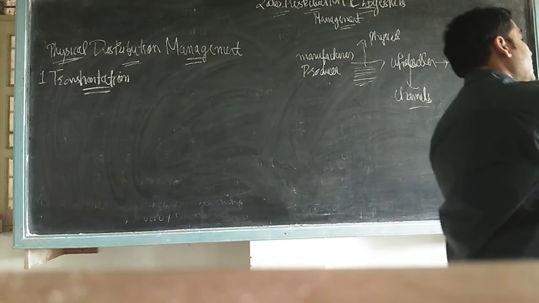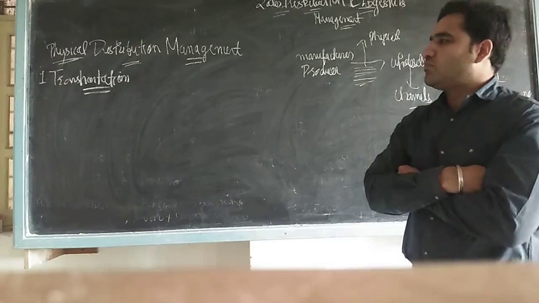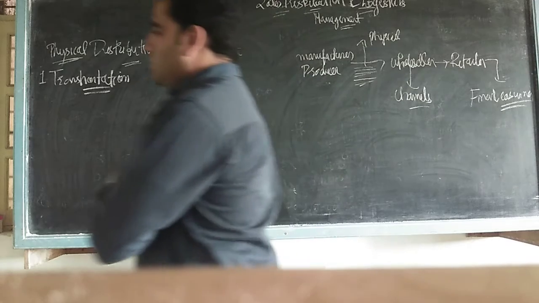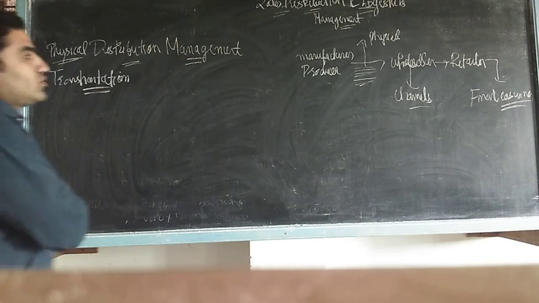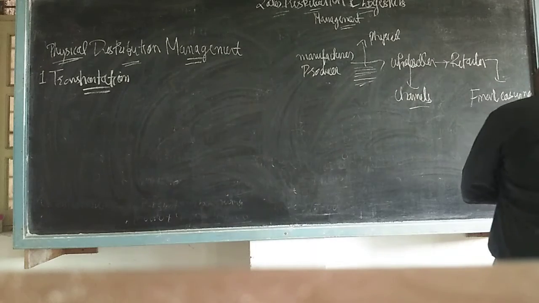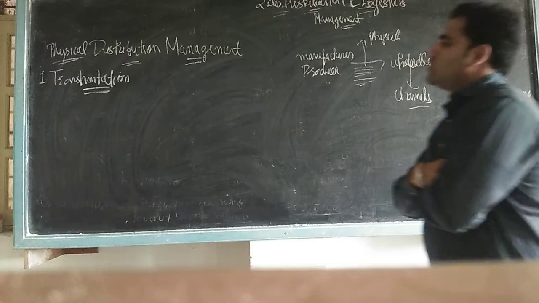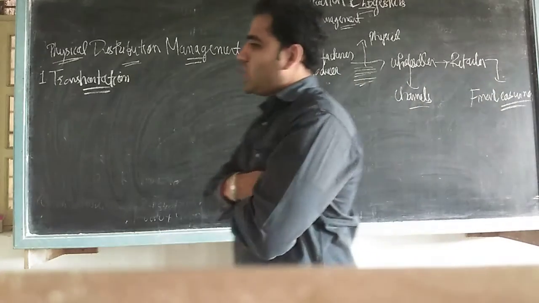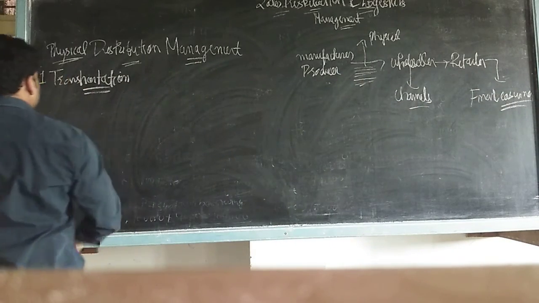जहाँ से माल बन रहा है, the place from where the product is manufactured to the place where it is consumed, that is the final market. You can say the retailers or the wholesalers, from where the goods are purchased by the final consumer. ठीक है, सो ट्रांसपोर्टेशन जो है वो बहुत तरीके से हो सकता है.